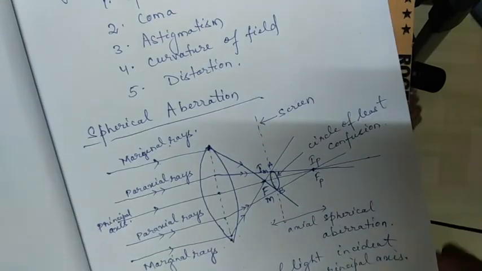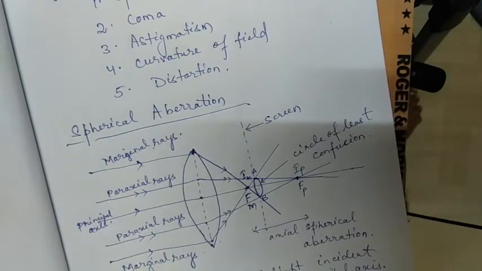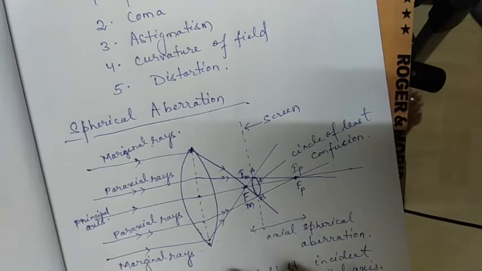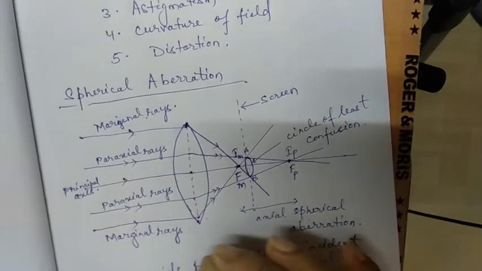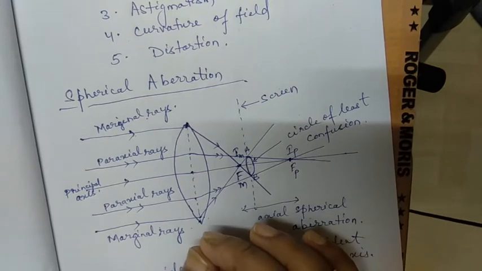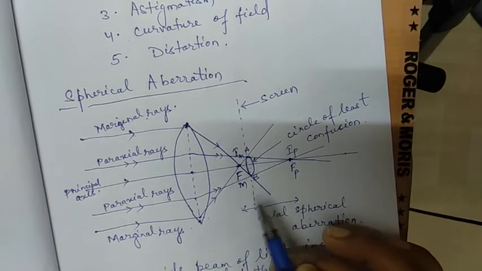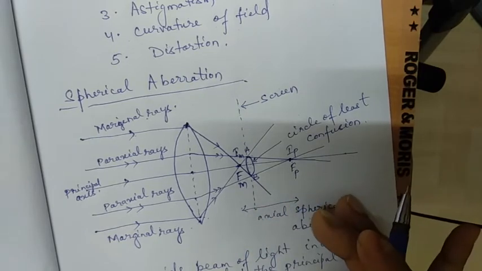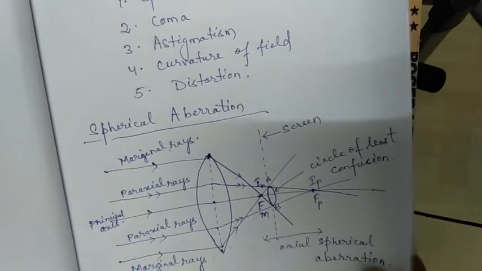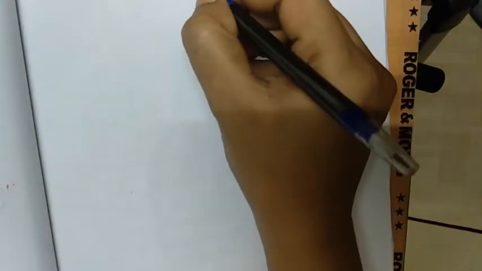So there can be another case where the object is at a finite distance from the lens, and in that also we will see how you get different focal points. So let's see. Again I am considering a lens.